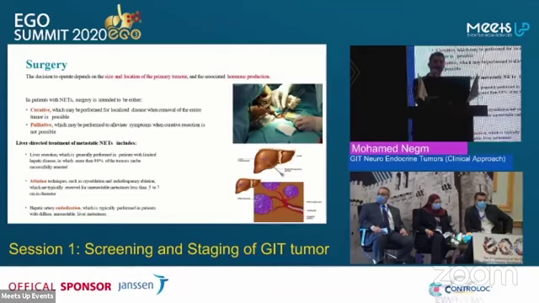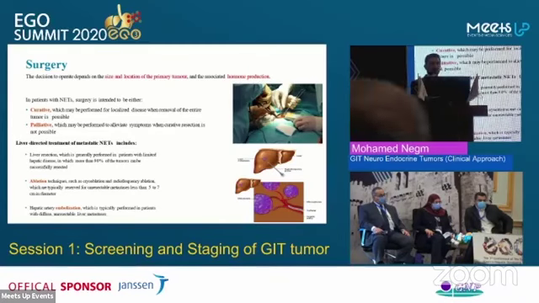So I have to get rid of this tumor, even if I cannot remove it all, because in secreting, symptomatic tumors, you will decrease the symptoms markedly if you can remove a large bulk of the tumor. So the surgery can be either curative or palliative.